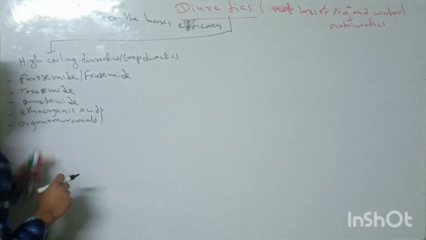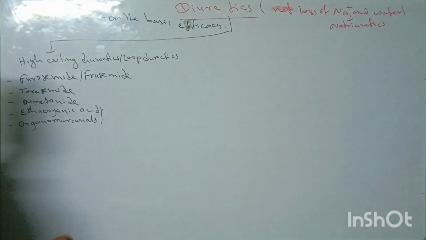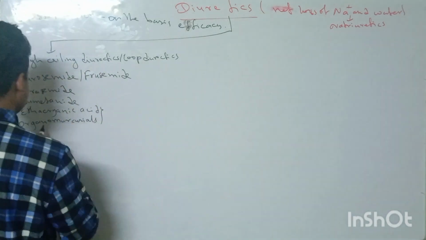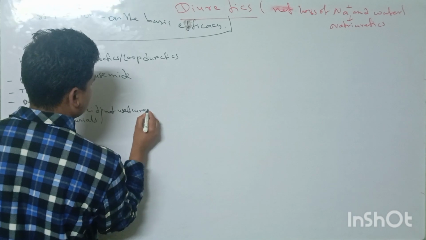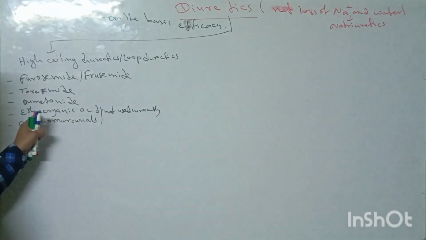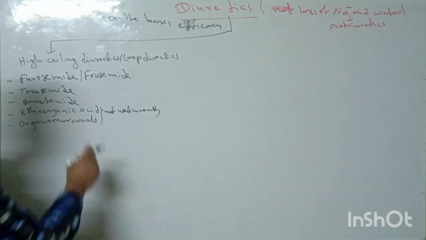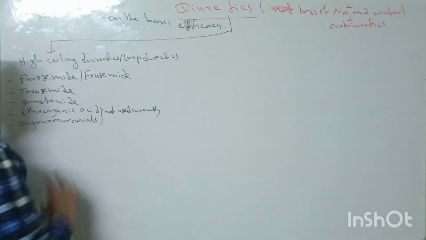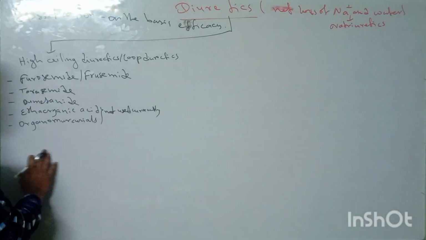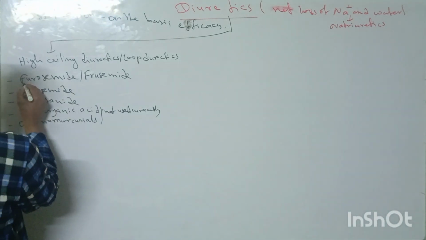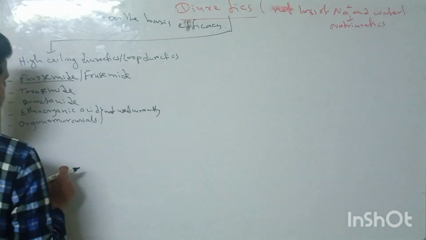But now, because better congeners have been identified and made, these drugs are not used currently. So if you don't know these two examples, don't worry, you can skip them. But remember the above three examples. Among them, furosemide is again very important. You might be asked to write a short note on furosemide.